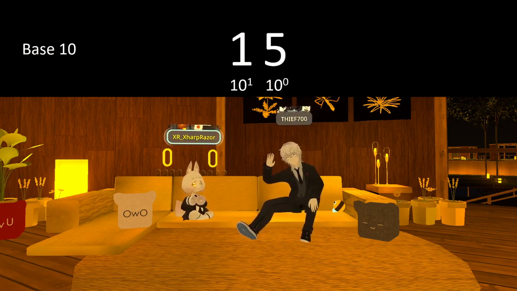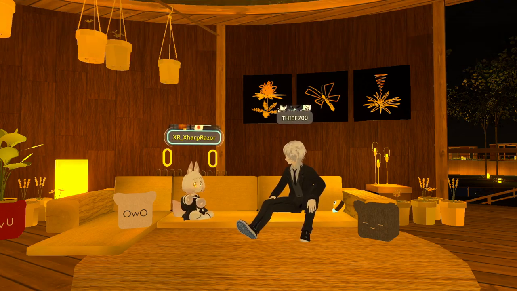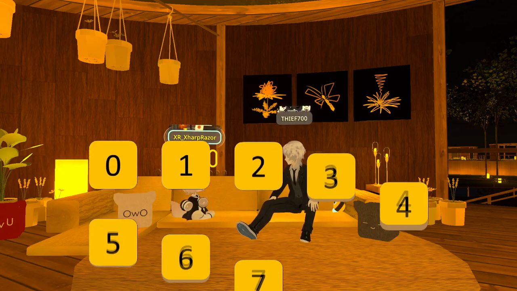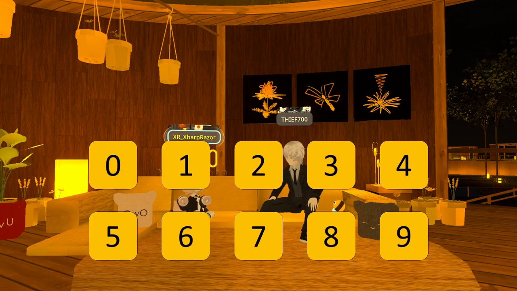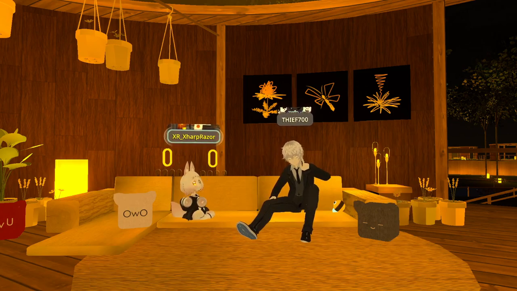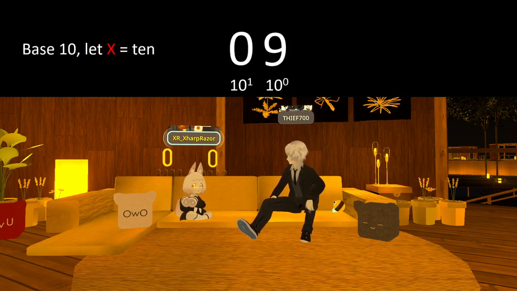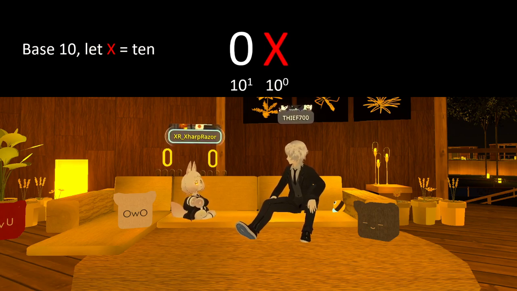So yes, this is what we normally know as base 10, because in this case we only have 10 numerals or 10 digits: 0, 1, 2, 3, 4, 5, 6, 7, 8, 9. And then when you want to say 10, you do not have a symbol for that.